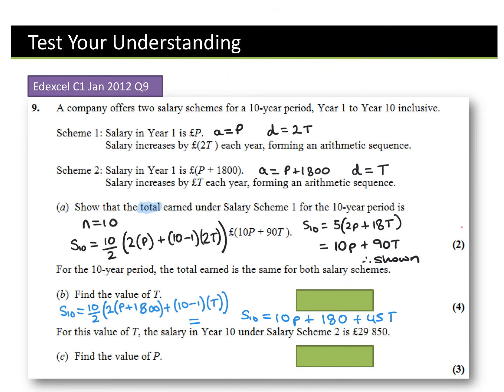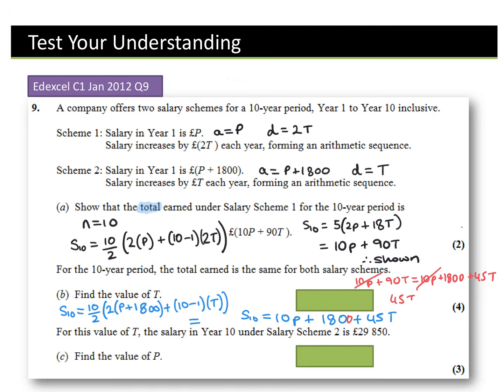So therefore that means I have 10p plus 90t equals 10p plus, is that 180 or 1,800? 18,000 plus 45t. There should be a 0 here. Now the 10p's are going to cancel.